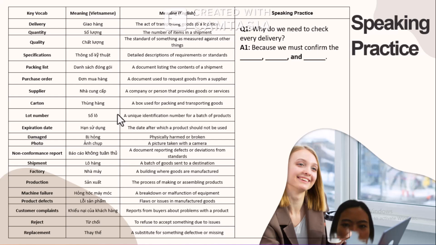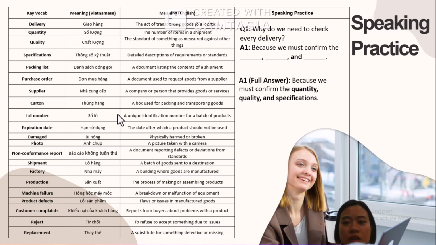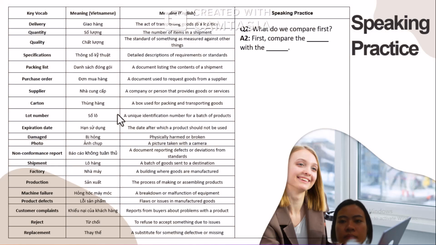Why do we need to check every delivery? Because we must confirm the quantity, quality, and specifications. What do we compare first?